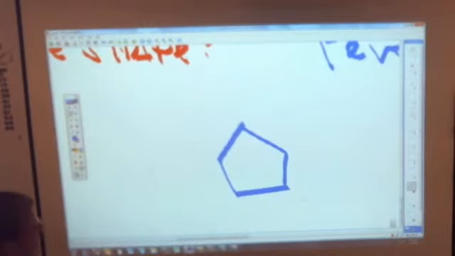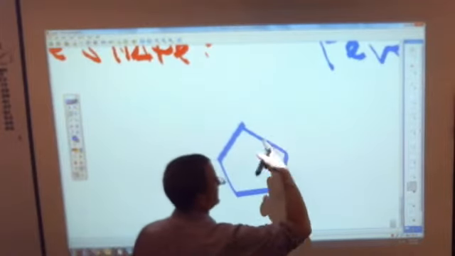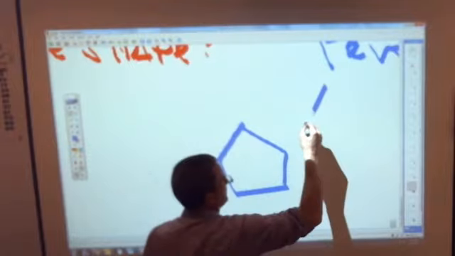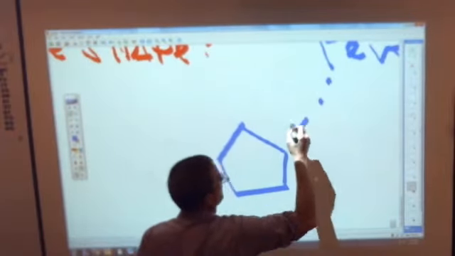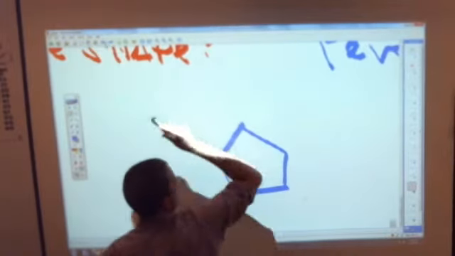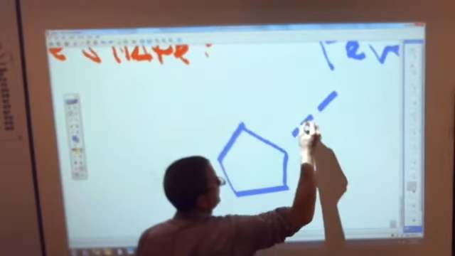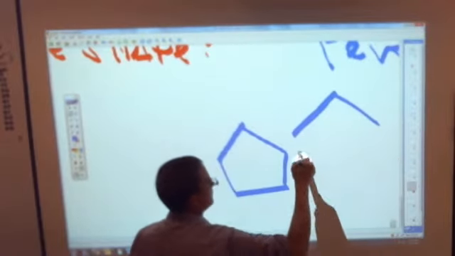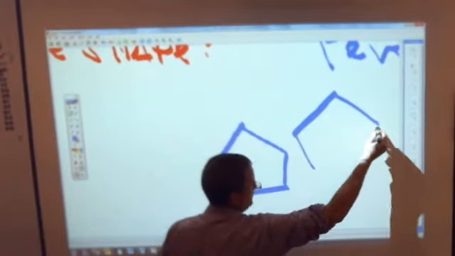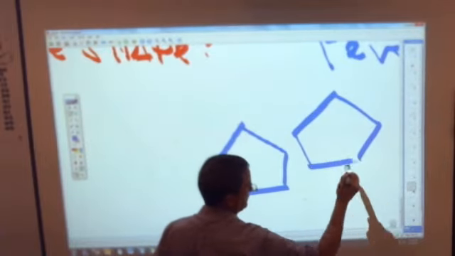If you then draw an exact same pentagon off to the side here, as best you can anyways. I know it's not easy to draw.